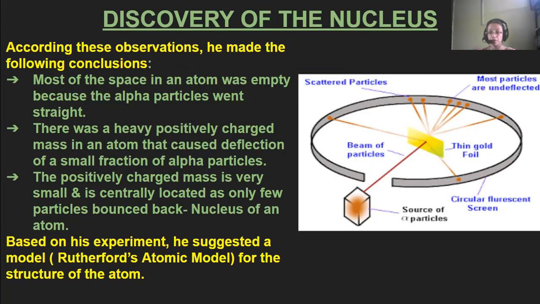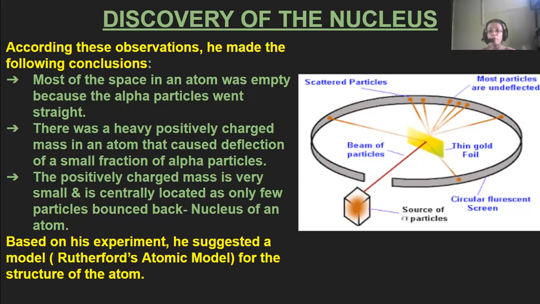Due to this positively charged mass, the deflection of a small fraction of the alpha particles occurred with small angles. The positively charged mass is very small and centrally located. Only a few particles bounced back because of repulsion of the same charge.